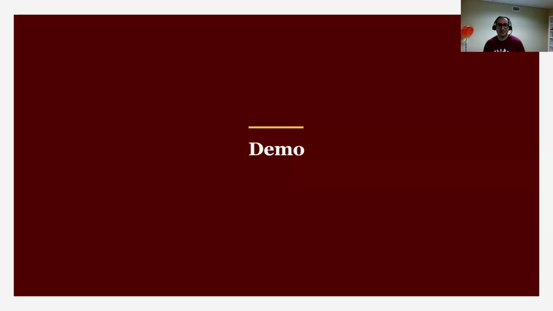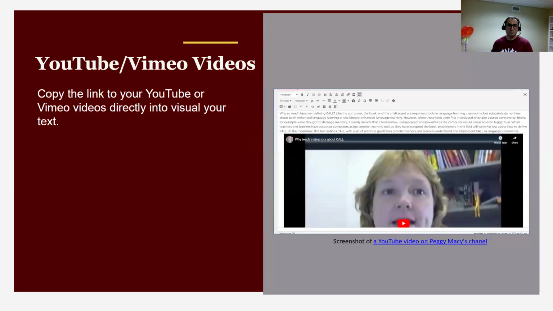All right, so we're here today to demo different types of content being embedded into Pressbooks. For instance, we would embed a YouTube video in Pressbooks by simply copying the link to the video URL directly into the Pressbooks page.